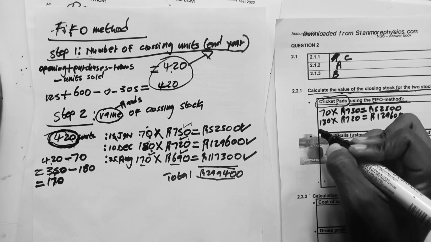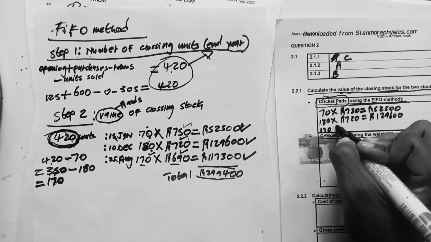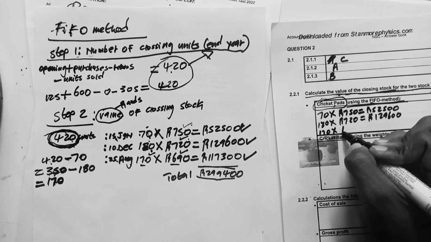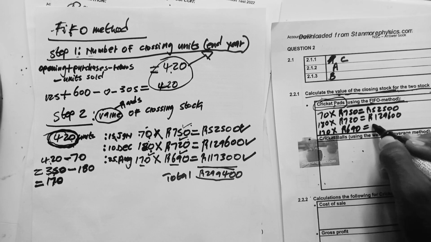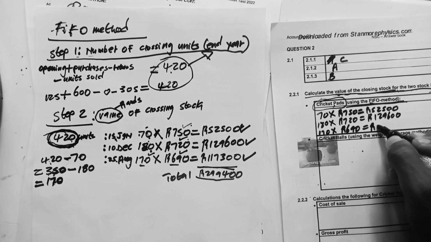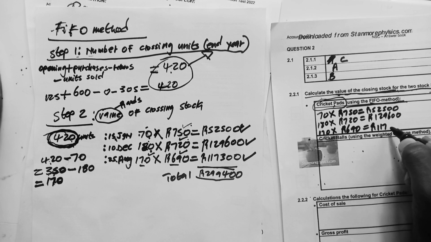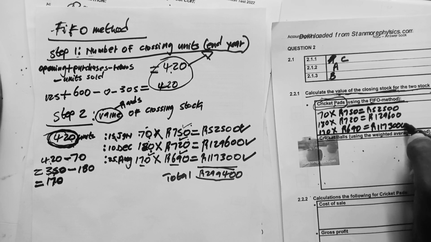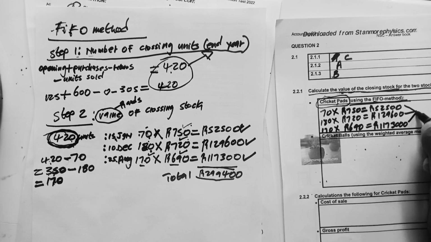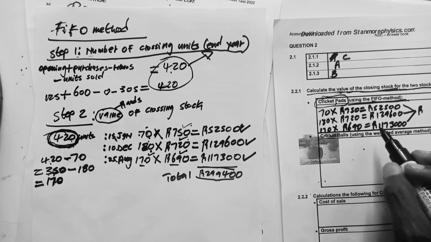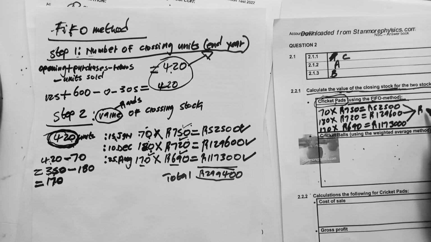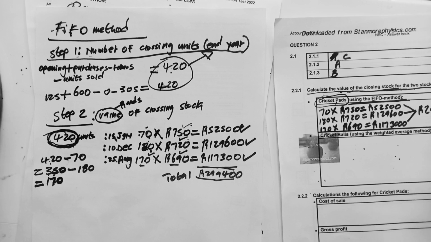Then the last one is 170 multiplied by this 690, which gave us 117,300. So you totalize these three amounts. You add these three amounts, they will give you the value of your closing stock, which is 299,400. And that's your 4 marks, guys.